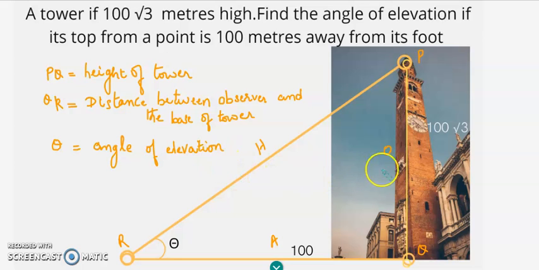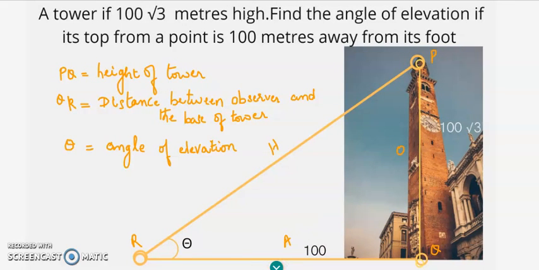As I've already mentioned, PQ is the opposite side, and the adjacent side is QR. Which trigonometric ratio do you think will apply here? Yes, it's going to be tan. So tan theta equals opposite upon adjacent. It's PQ upon QR. PQ is 100 root 3 divided by 100.